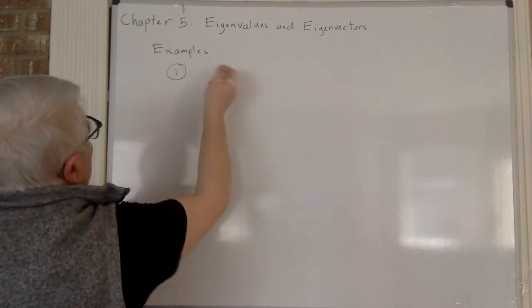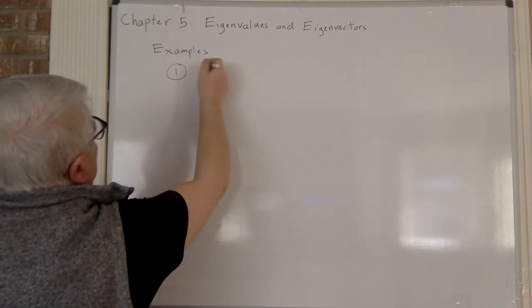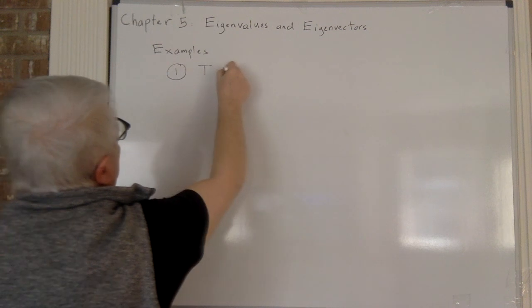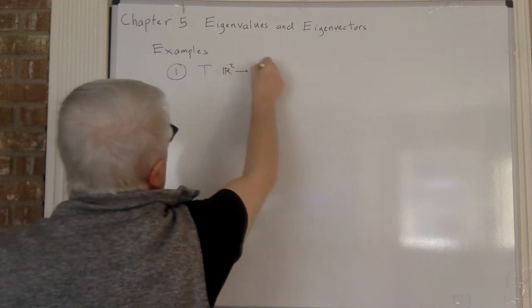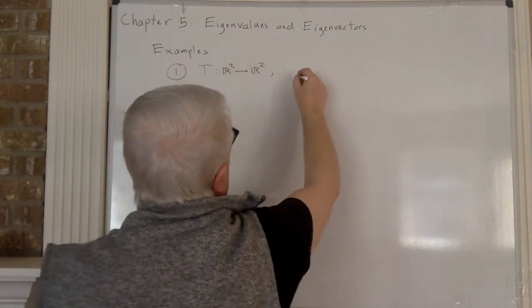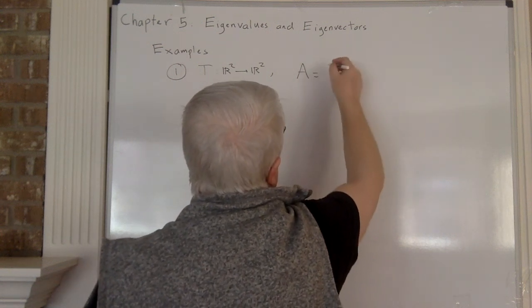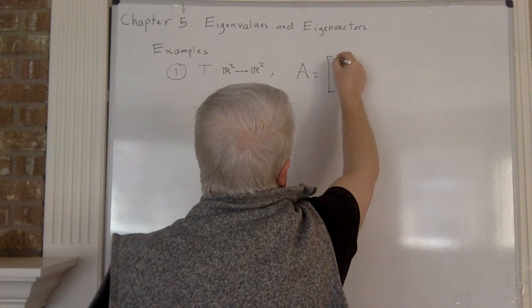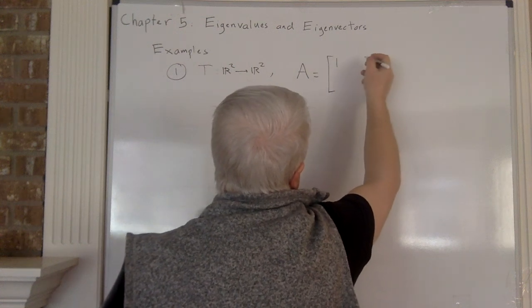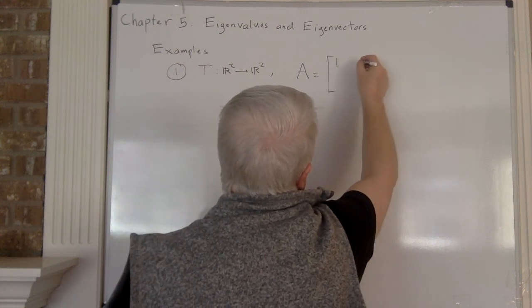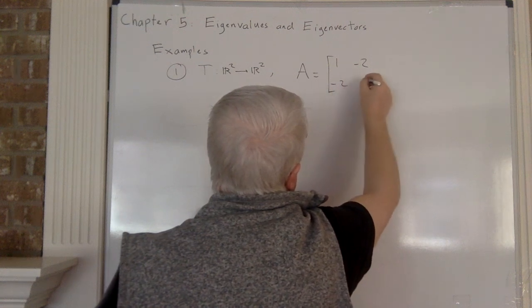Let's take T from R2 into R2, with the matrix, let me write some small numbers, 1, -2, -2, 3.